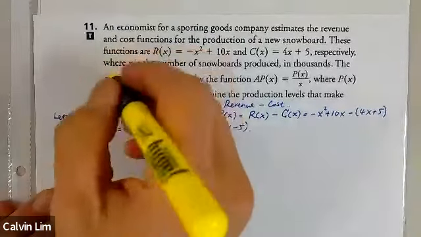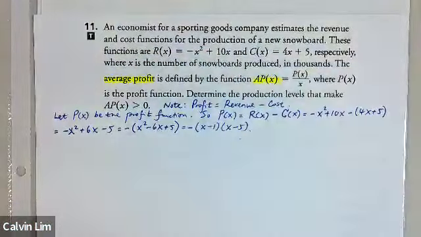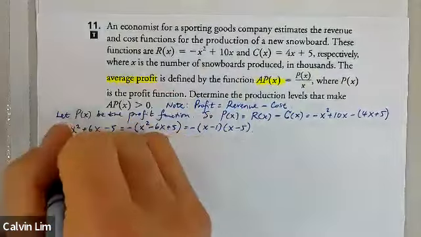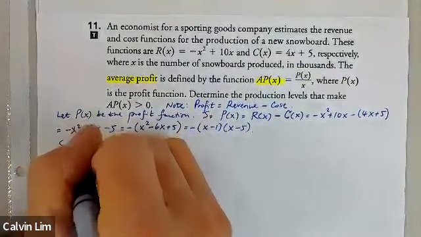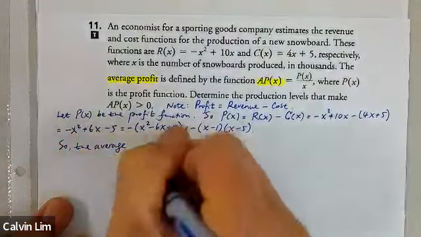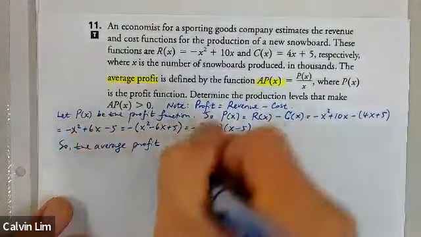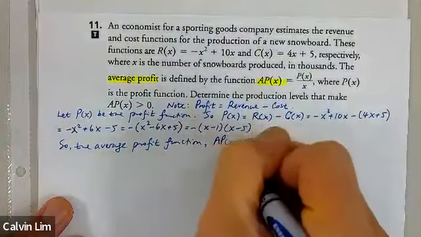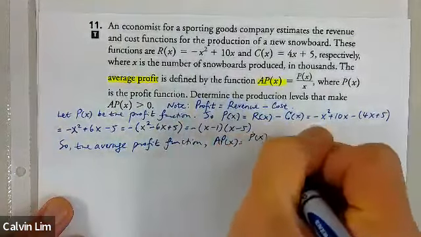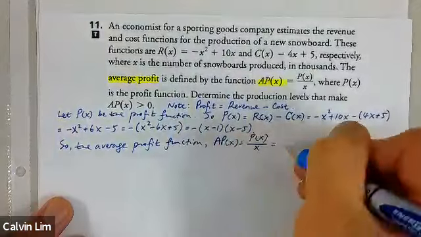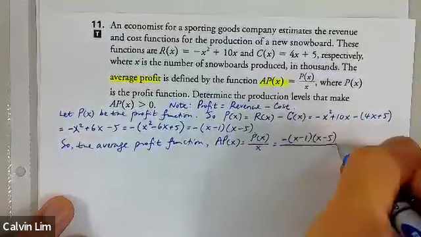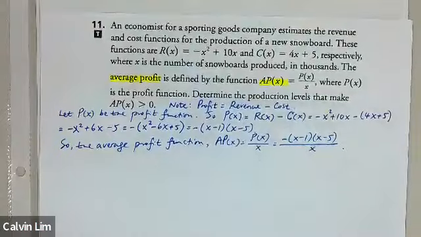Average profit is profit function divided by X. So the average profit function, AP of X, is given by P of X divided by X, which is negative X minus 1 times X minus 5 divided by X. So that is your average profit function in terms of X.